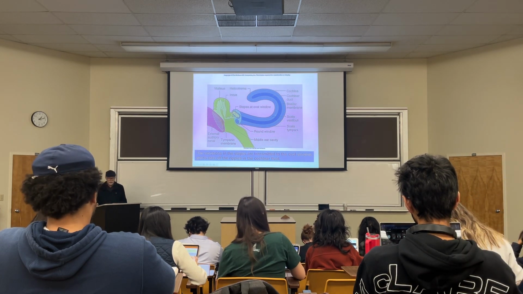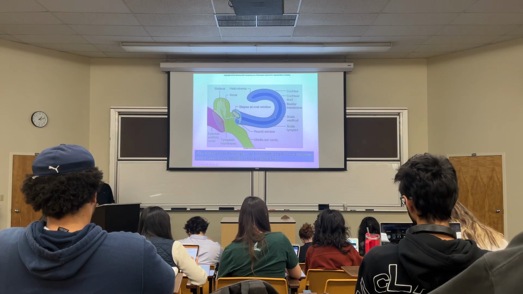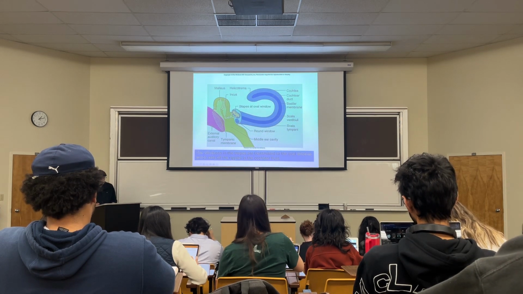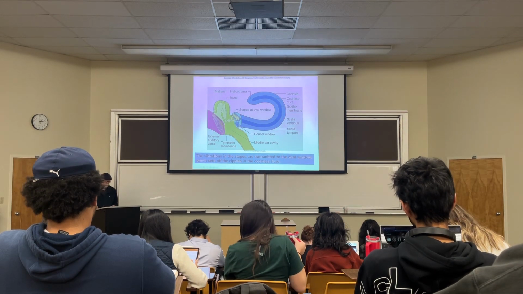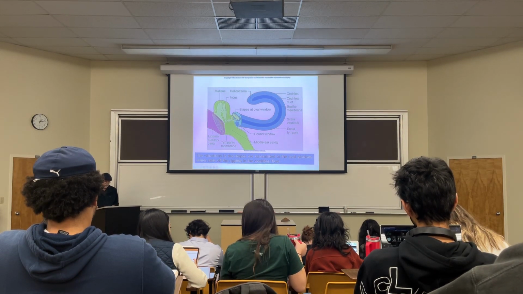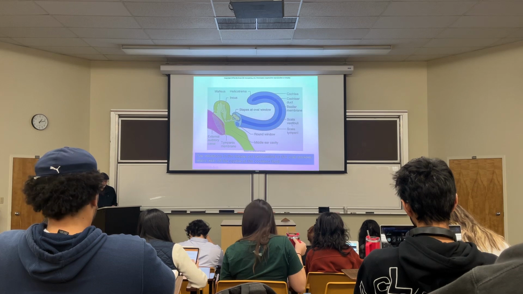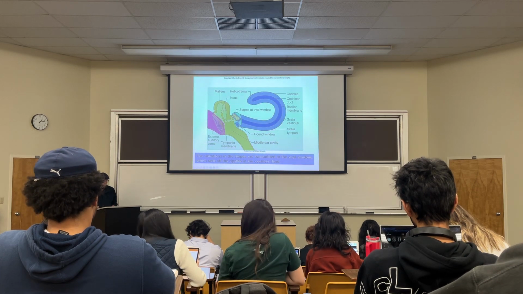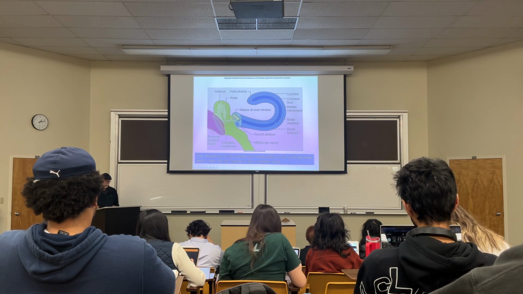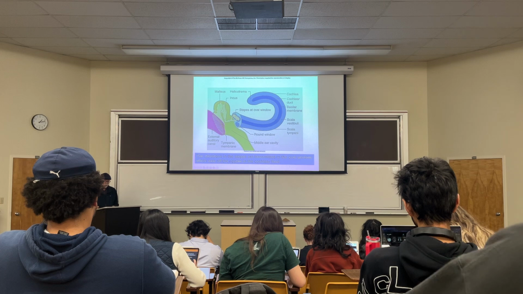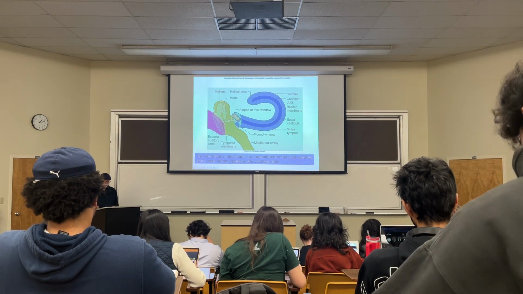Each of these areas has a name. For instance, this area on this side, as you're going, is called the scala vestibuli. And on the far side, you also have perilymph, it's called the scala tympani. And in between, you have the cochlear duct or the scala media.